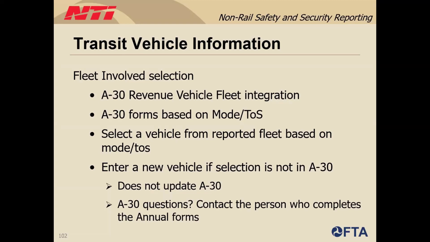If you are operating a new manufacturer that is not in the A30, you will have an option to add the vehicle into the form. However, adding a vehicle to the collision form does not update the A30 form itself. If you have questions about an A30, please contact the person at your agency who completes the form.